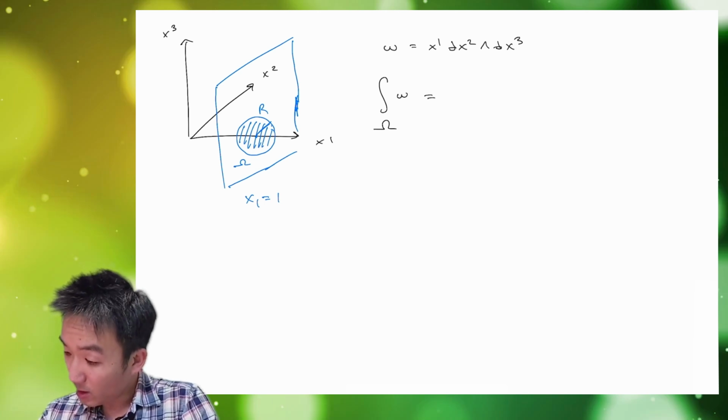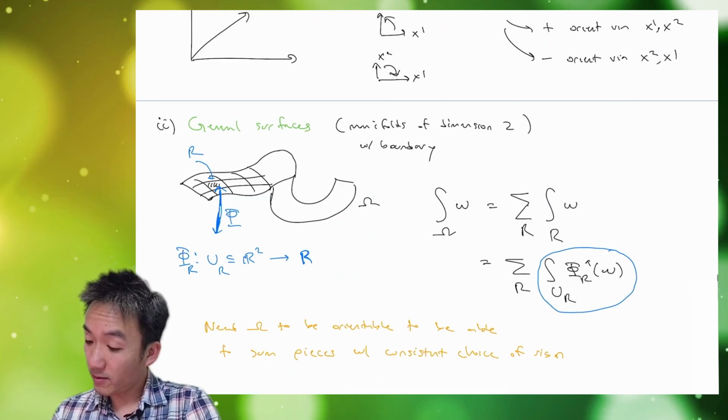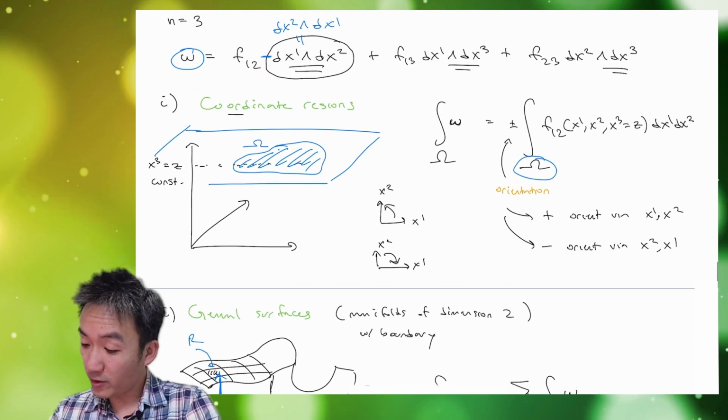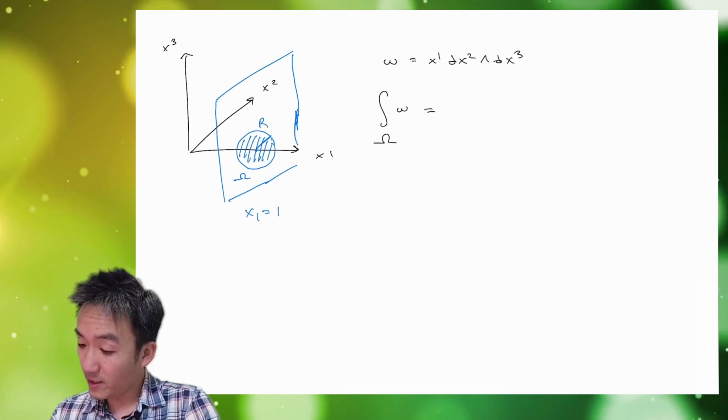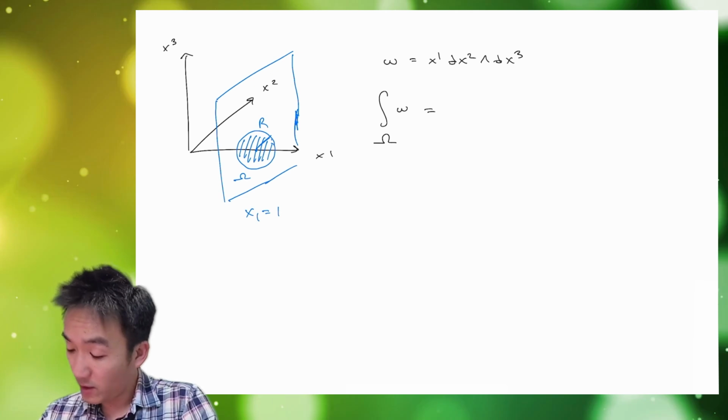Okay, so because we're in the coordinate situation, we're in this coordinate region case, right? Our plane is indeed spanned by x2 and x3, so this is just going to become an ordinary integral over this disk. x1 just becomes the constant value 1.